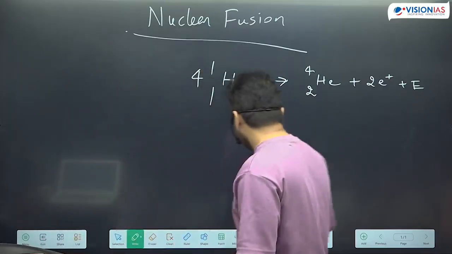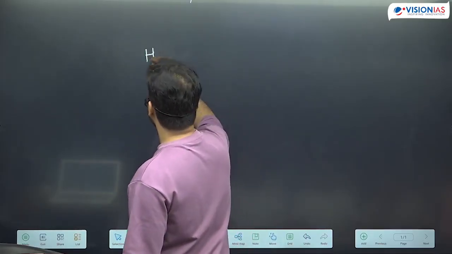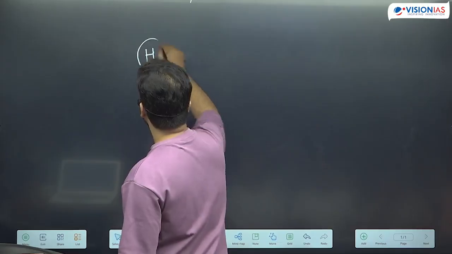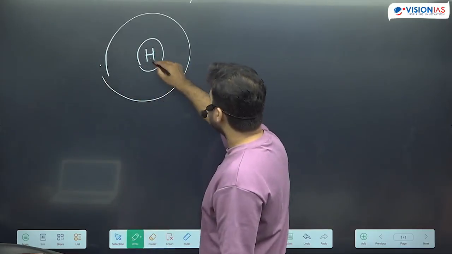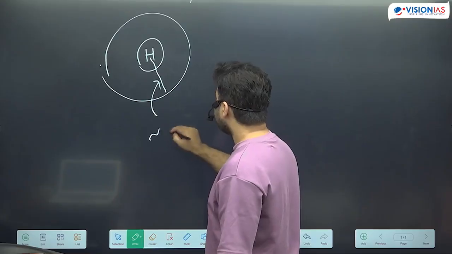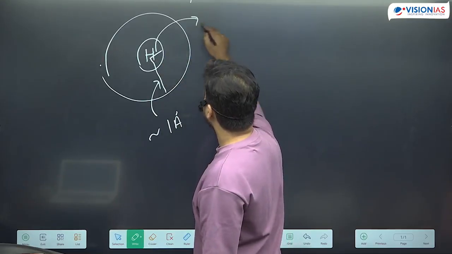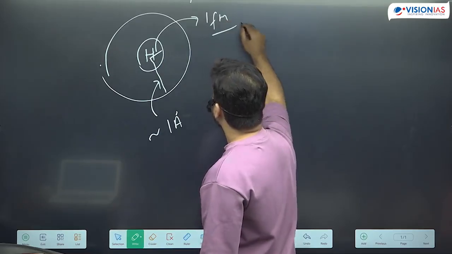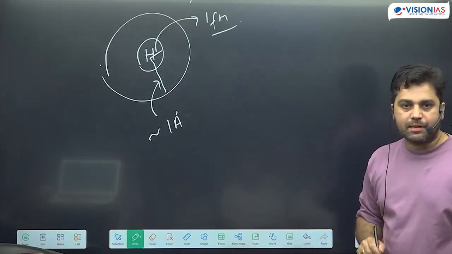So imagine, for example, 2 nuclei, a hydrogen atom, which has an atomic radius of about some angstrom, I talked about that, and nuclear radius of some femtometer, which we talked about. Femtometer is 10 to the power minus 15 meter.